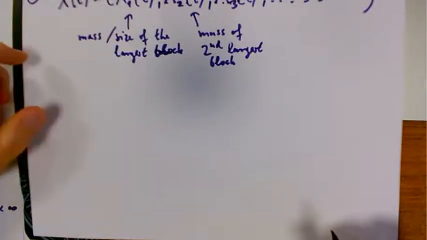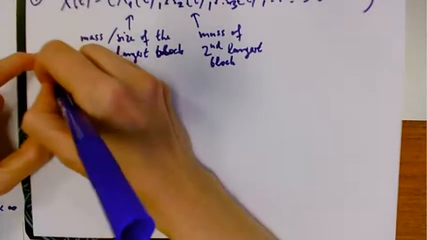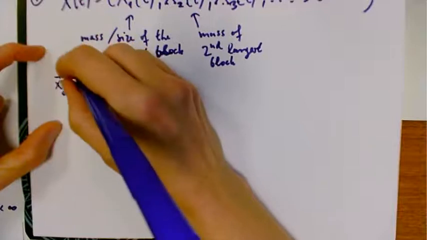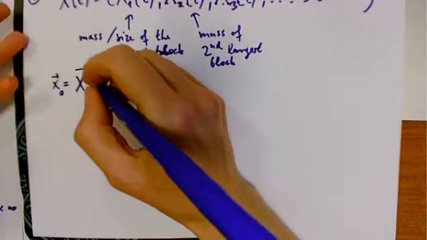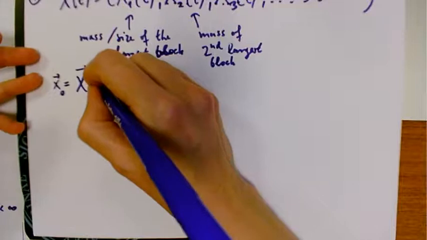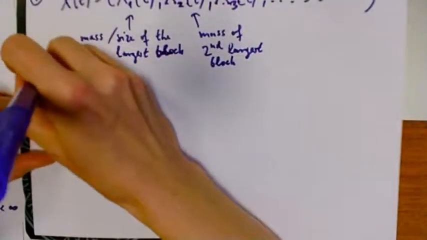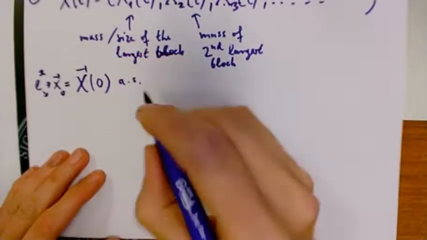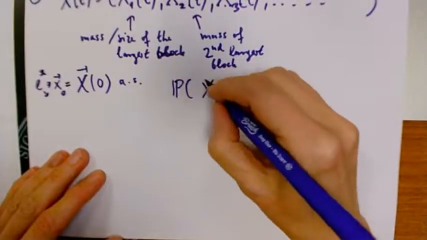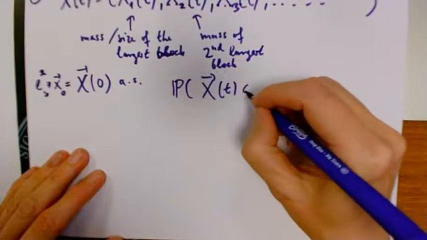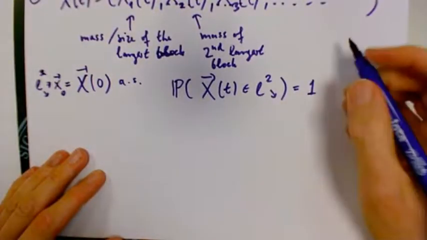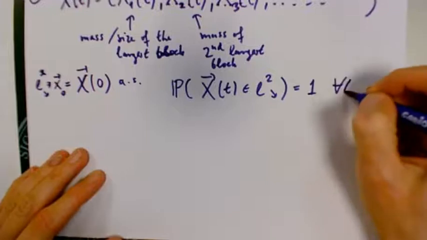If it starts from x0, you could start from a random starting point, but let's not. So we have a vector in L2, decreasing, and if this is a starting point, then the probability that X_t is in L2 is 1, for every t.